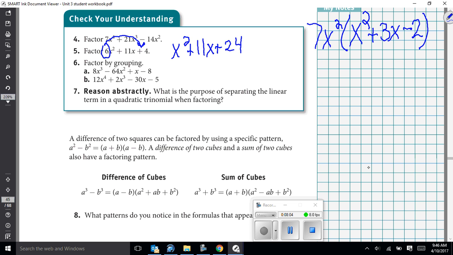I need two numbers that multiply together to give me 24, and when I add them together, I get 11. These are both positive, so my numbers are going to be positive. For 24, listing out my factors.